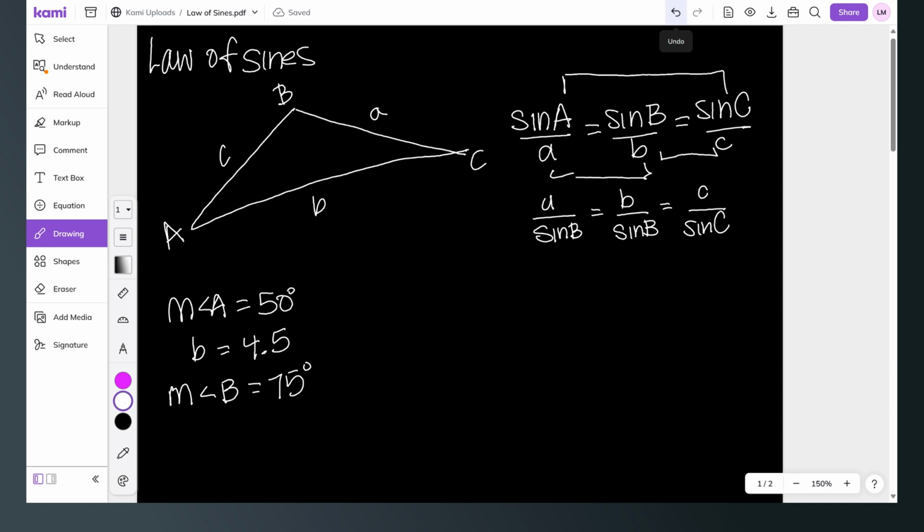Whatever's missing, if I'm missing a side, then I use this one so that the side is on the top and I don't have to cross multiply. If I'm missing an angle, I'll use this one, and we'll do both.